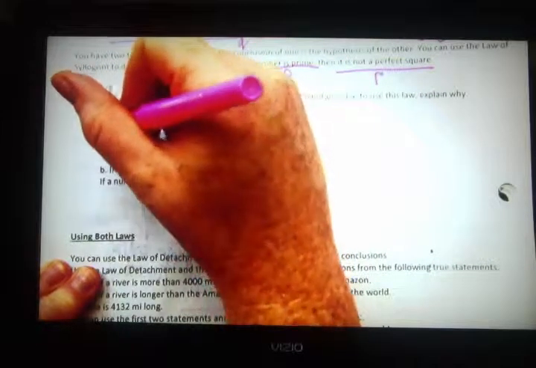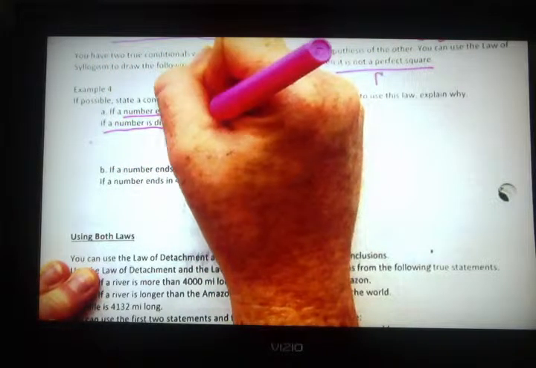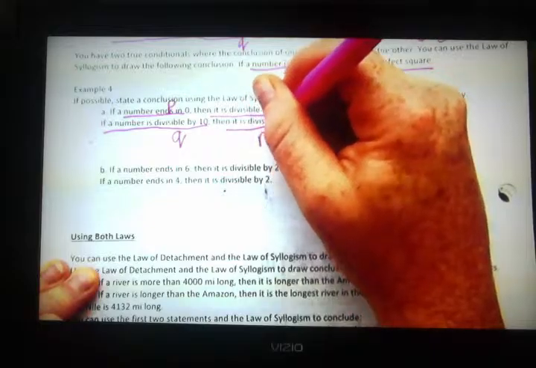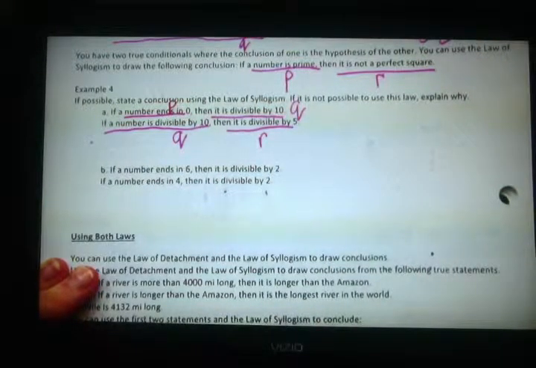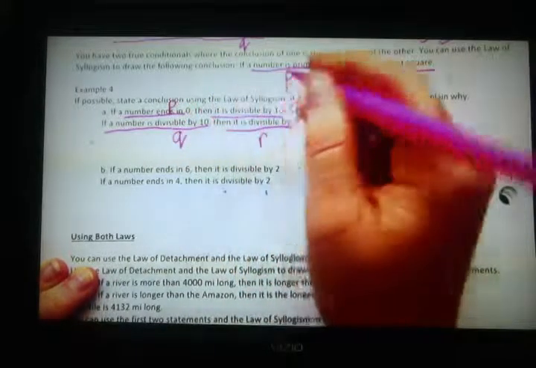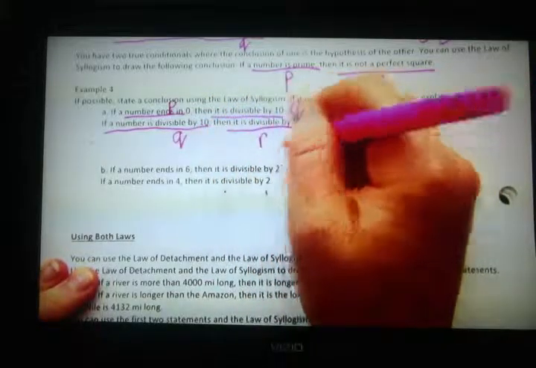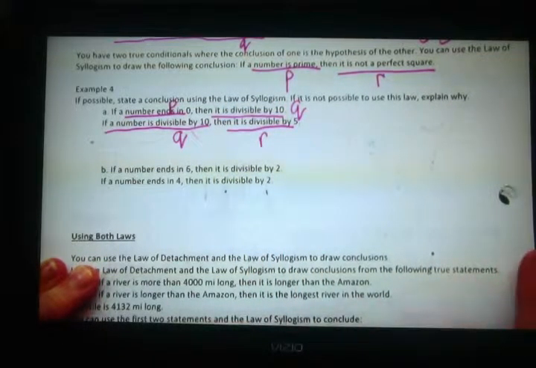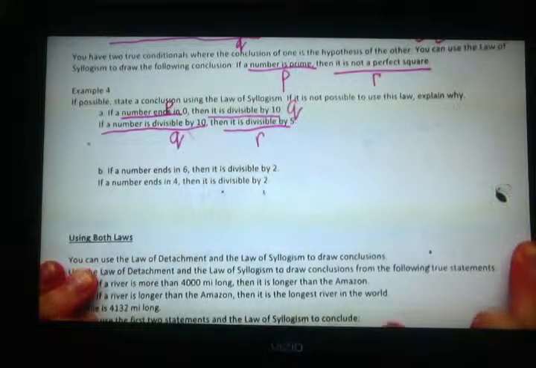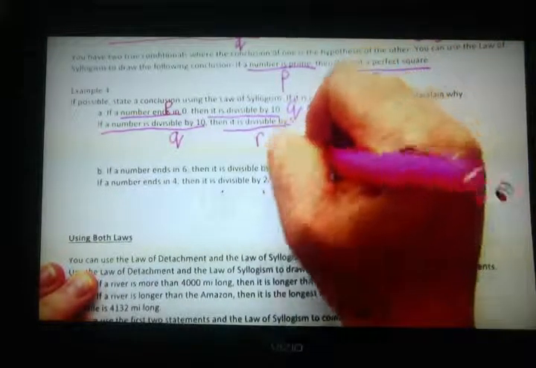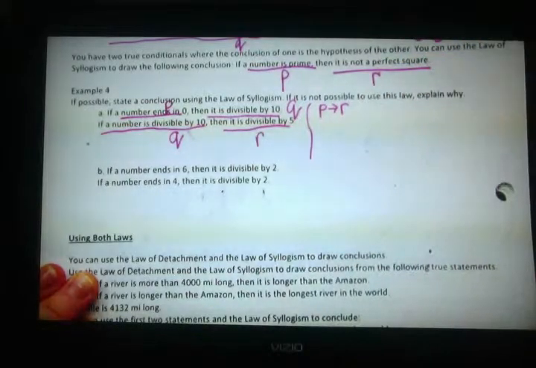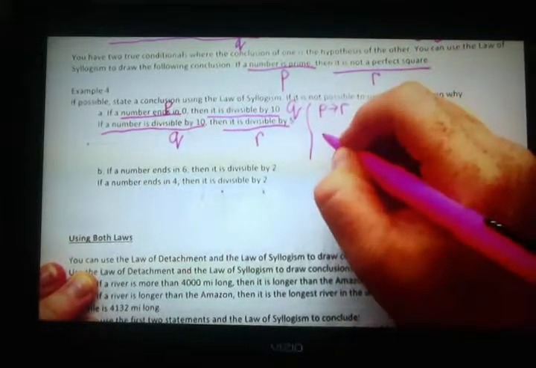So let's look at the next statement. If a number is divisible by 10, that's a Q, then it is divisible by 5. That's an R. That's definitely true because 5 goes into 10, so anything divisible by 10 is divisible by 5. So what can we conclude using the law of syllogism? We can conclude that P then R. Let's write that out.